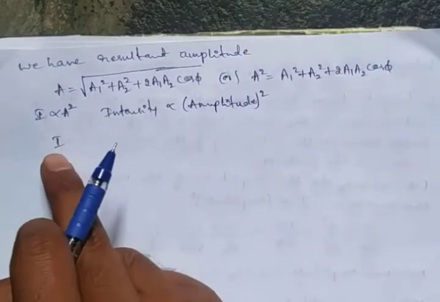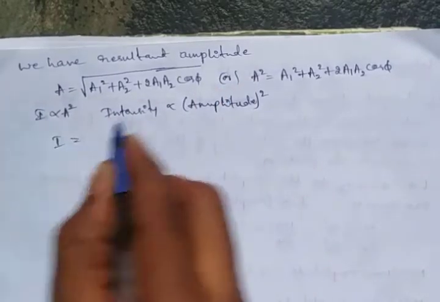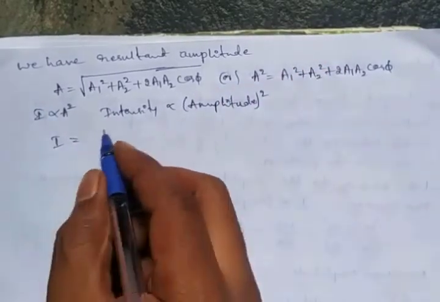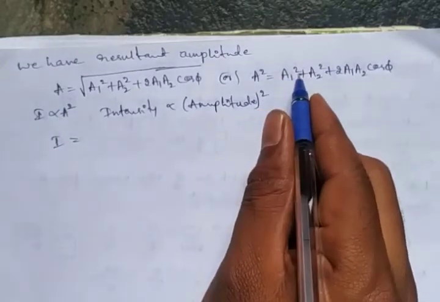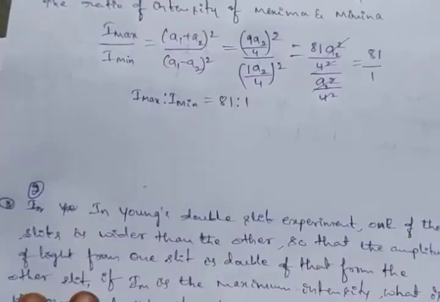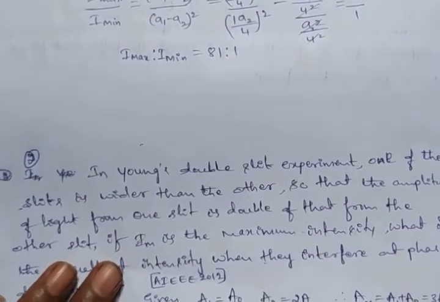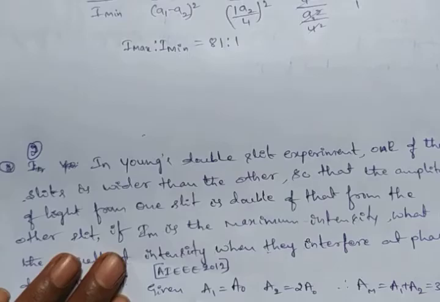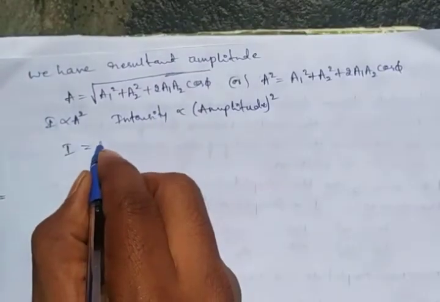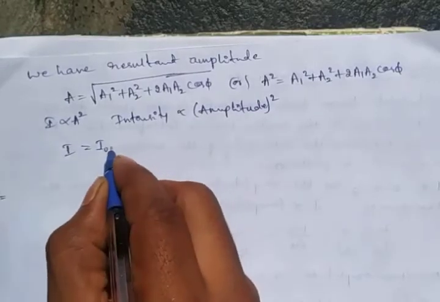So I is equal to, in place of A1 square we can write I1. But we already know that A1 is A0, therefore I1 is nothing but I0. So A1 square is I0 plus A2 square.